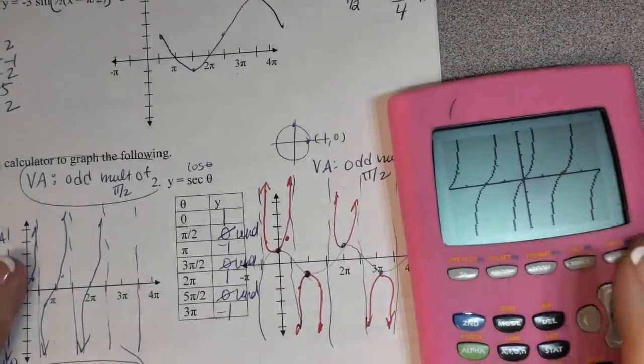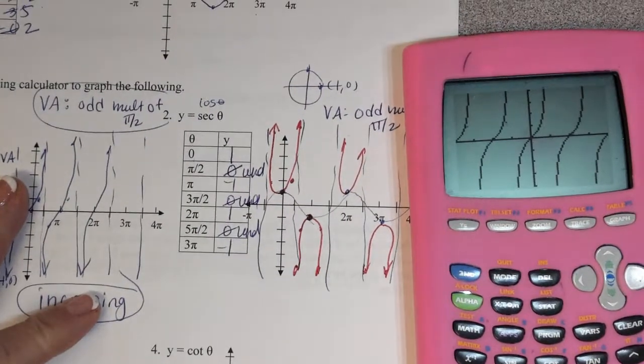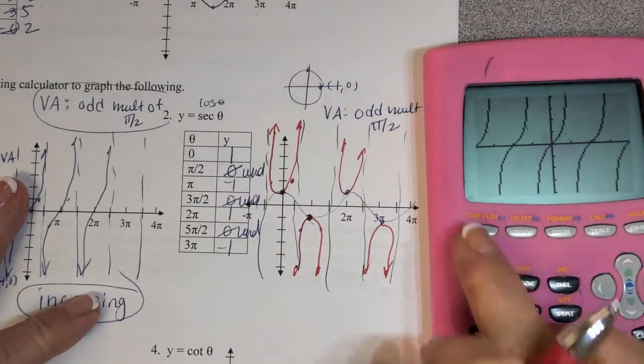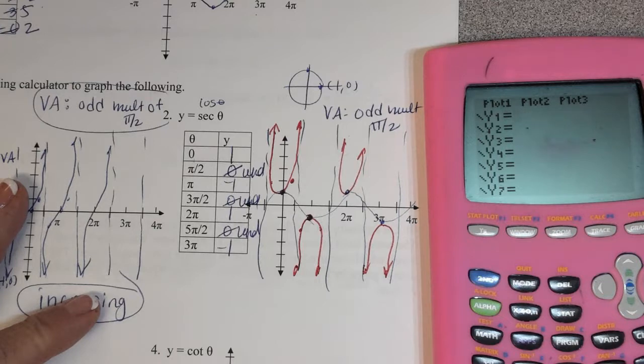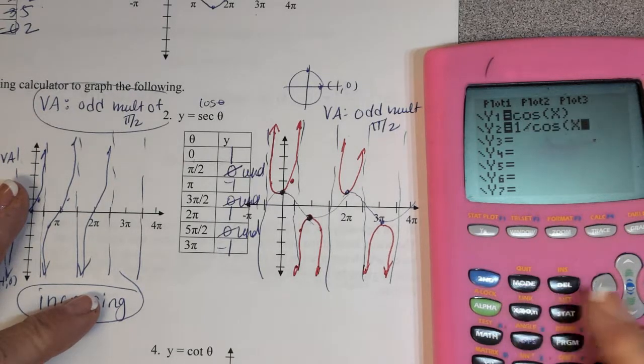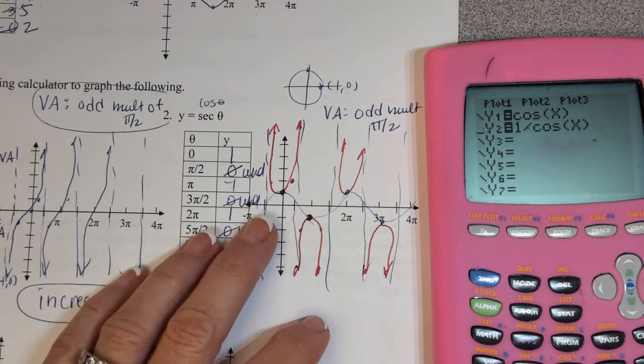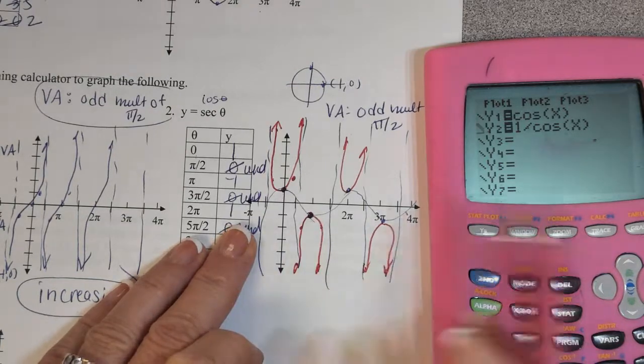Now, if I wanted to check this, I could check this pretty easily by going into y equals. I'm going to graph cosine just so you can see the relationship. To graph secant, I would graph 1 divided by cosine. And let's see, we graphed it from like negative pi to 4 pi.